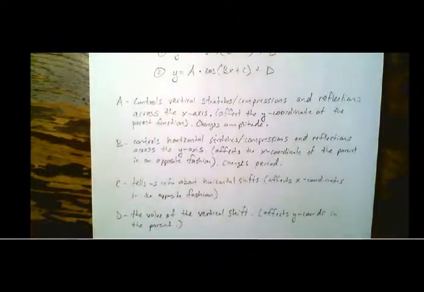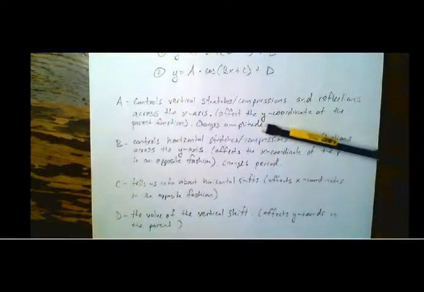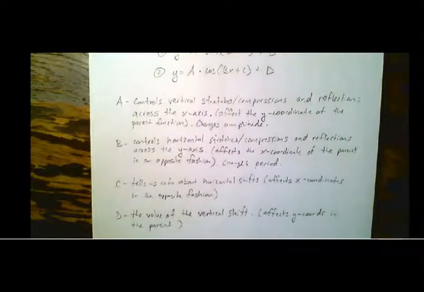Okay. So all these values control the same kind of things, and because we have talked about the amplitude, we know that A will change the amplitude for these trig functions, B will change the period here. Okay. So let's try a couple of examples.